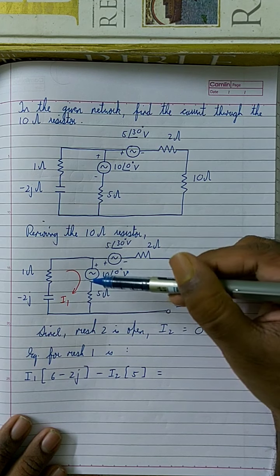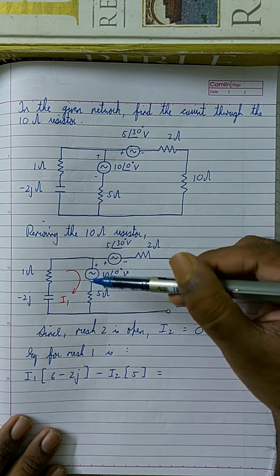Therefore it is minus 10. 10 angle 0 is 10 itself. So this is the equation, but since I2 is equal to 0, I can mark this as 0. Therefore the equation is I1 into 6 minus 2j is equal to minus 10.